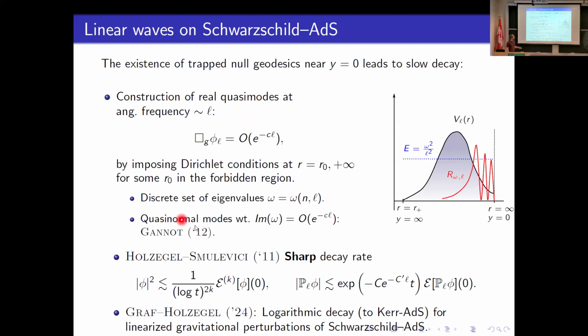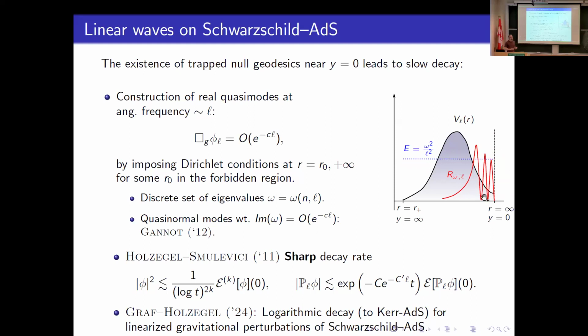In this case, this was established by Gannot, in the construction of quasi-normal modes on Schwarzschild-AdS. The quasi-modes corresponding to this energy level and this choice of the frequency parameters will be close to the quasi-normal mode in pointwise norms, at least near infinity.